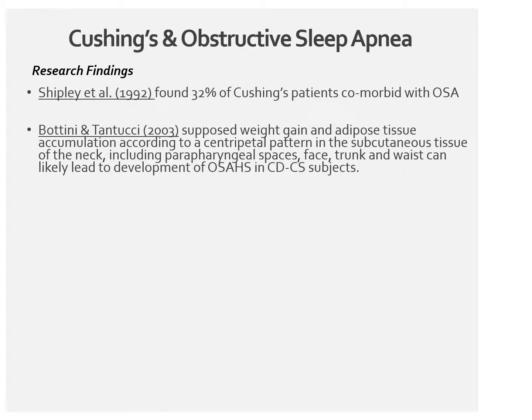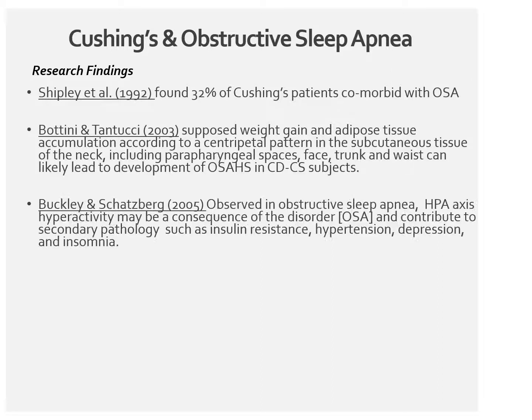Bottini and Tantucci in 2003 said the supposed weight gain in adipose tissue, which is what I was talking about just a second ago, they actually hypothesized is what's causing that pharyngeal collapse in Cushing's that's leading to a likely development of obstructive sleep apnea.